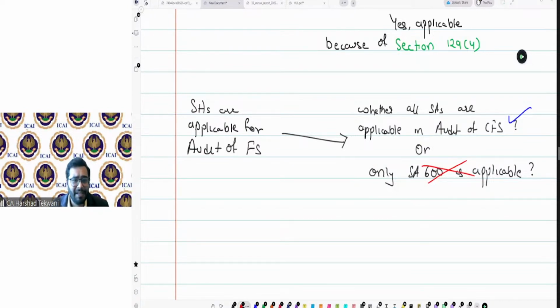It never says that the auditor's report is on the CFS or FSS. It never tells whether it is the auditor's report on separate or standalone financial statement, or audit report on consolidated financial statement. It only talks about audit report, auditor's report. That's why we have to see 129.4.